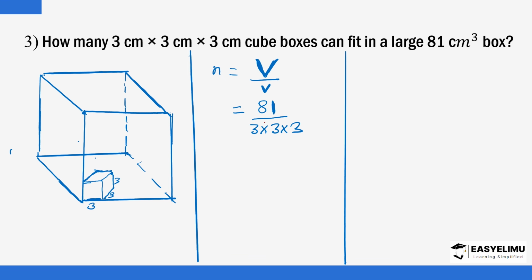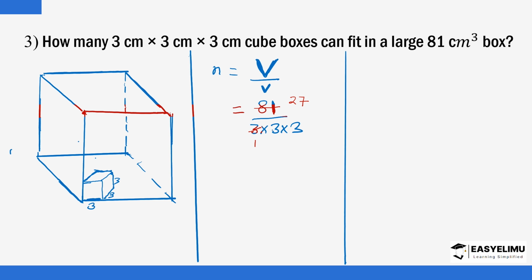So let me see. 3 goes into 81, 27. That is, 3 goes into 8 two times because of 6, remainder 2. So 2 taken to 1 becomes 21, and 21 divided by 3 is 7.